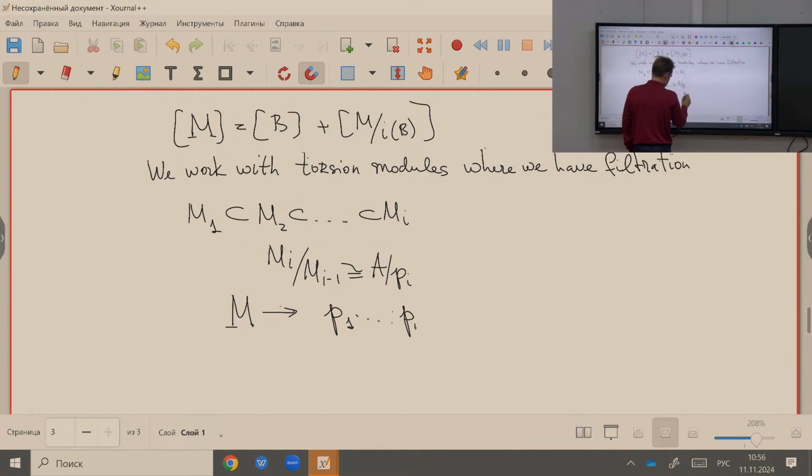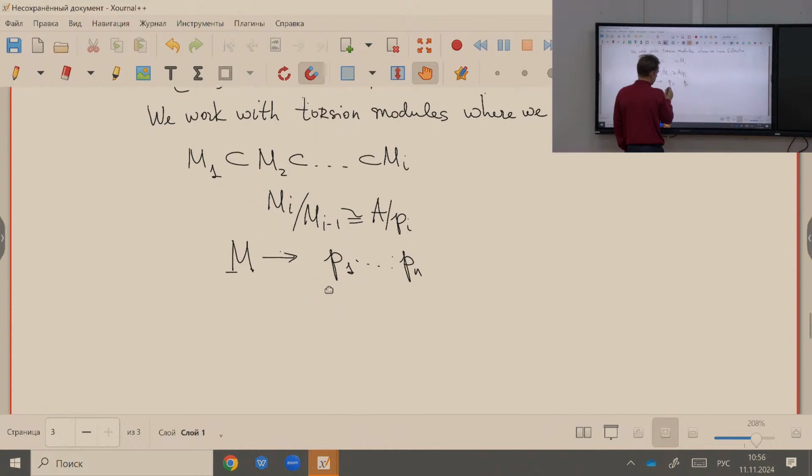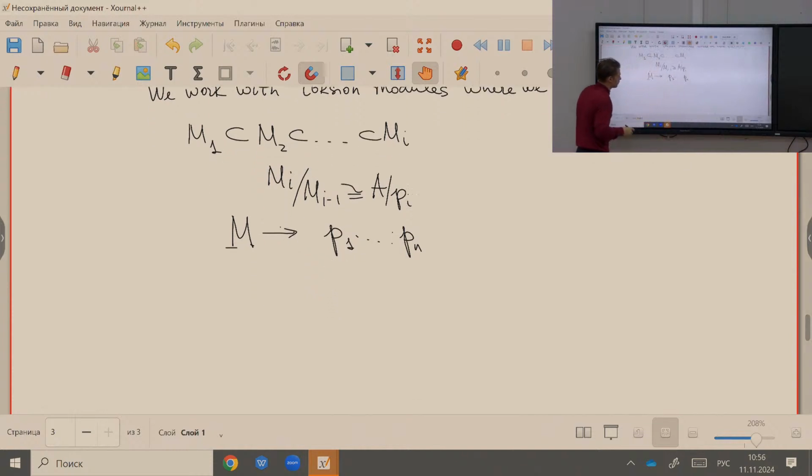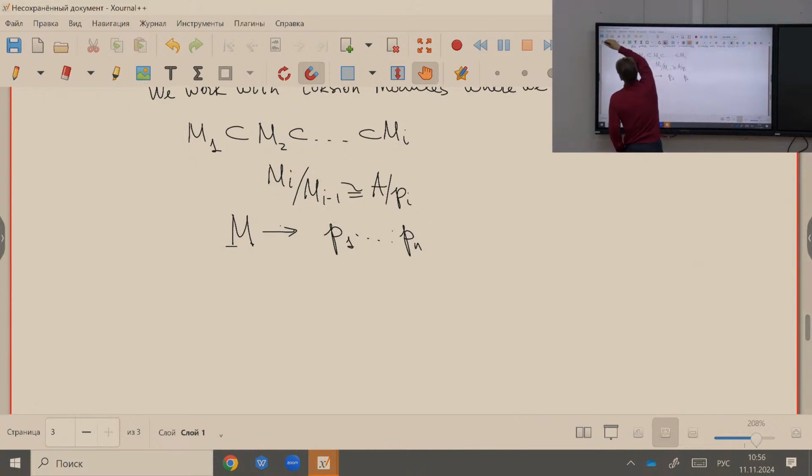Notice that it is convenient to map it in this way. Then we stop here at Mn.